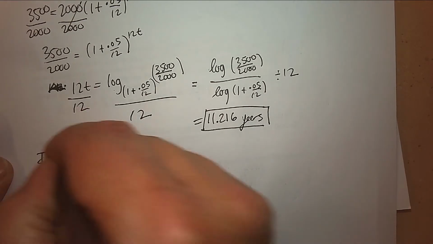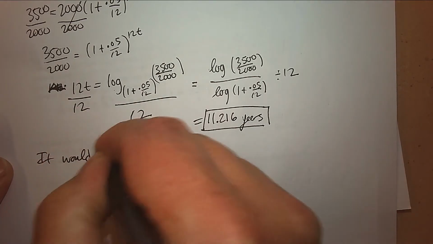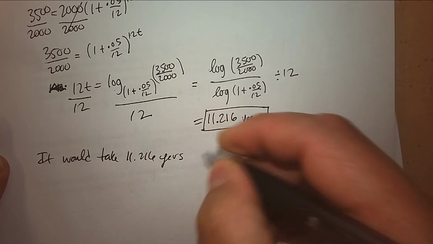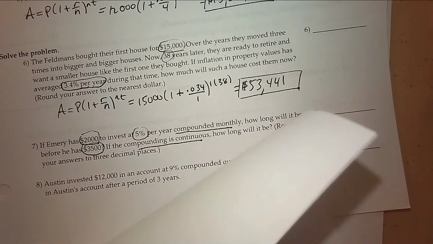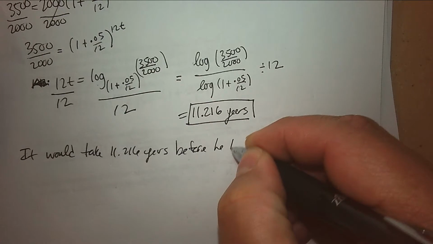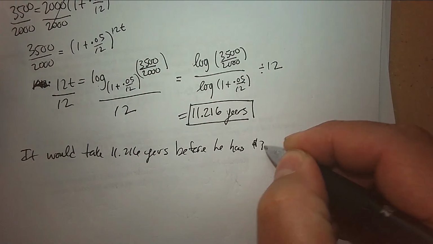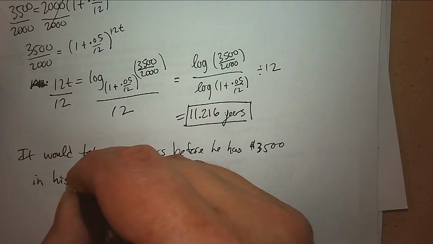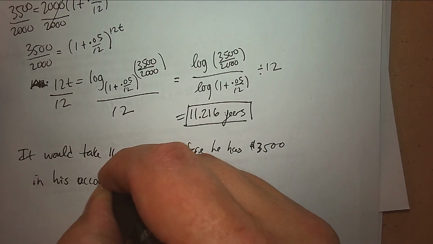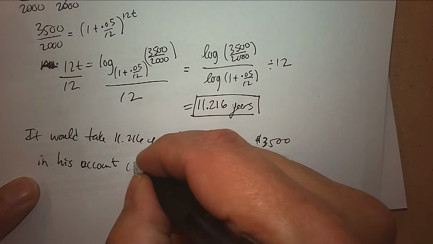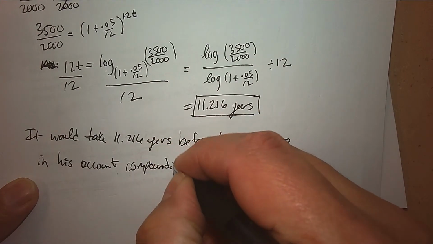It would take 11.216 years before he has $3,500 in his account, and we were just compounding monthly.